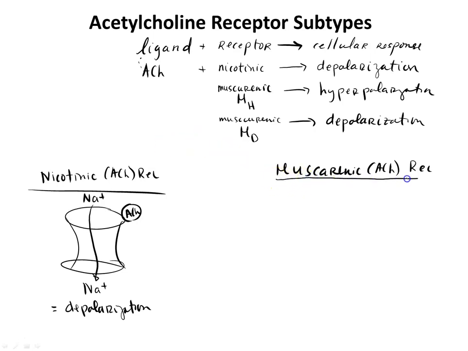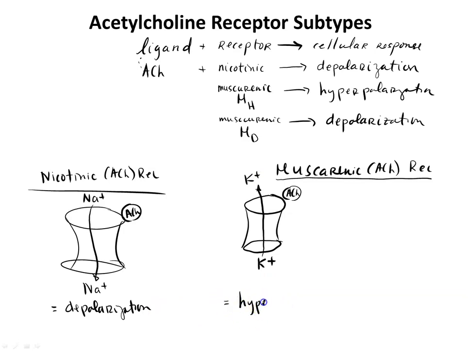If I am a cell type that I need to turn off, and the muscarinic receptor causes potassium to leave the cell, what's going to happen inside the cell? Am I going to depolarize or hyperpolarize?